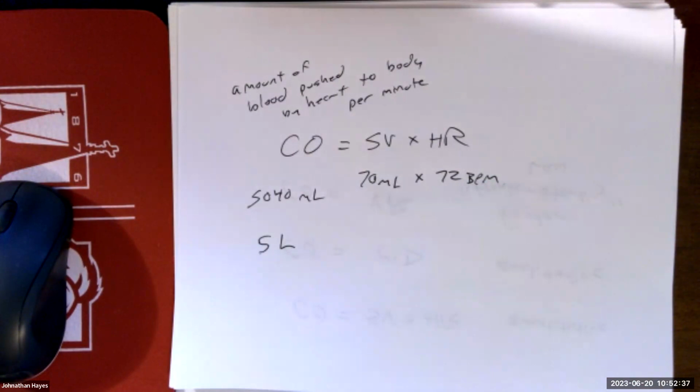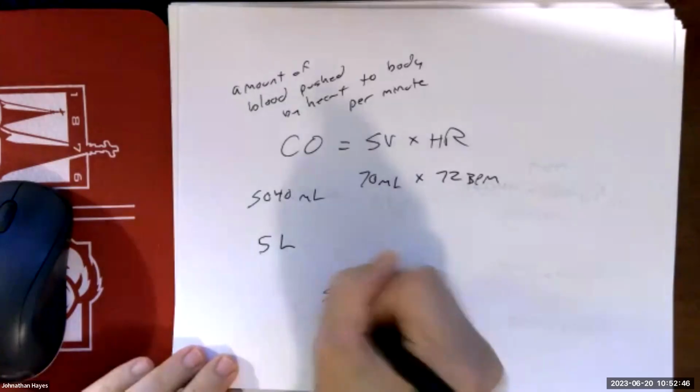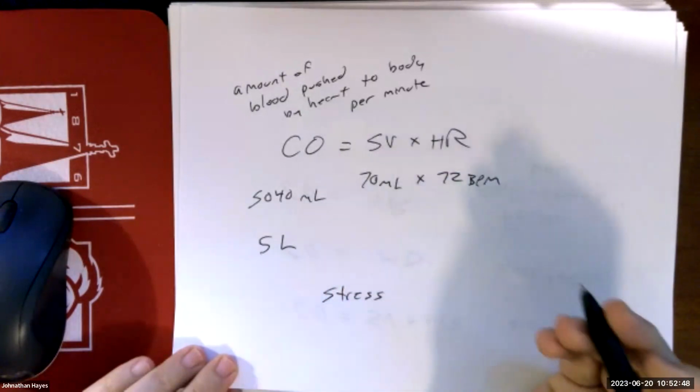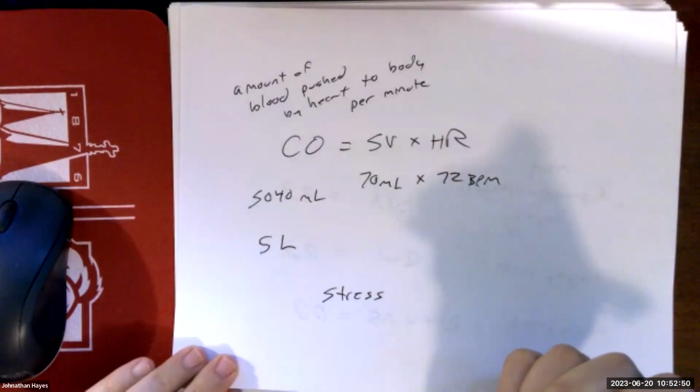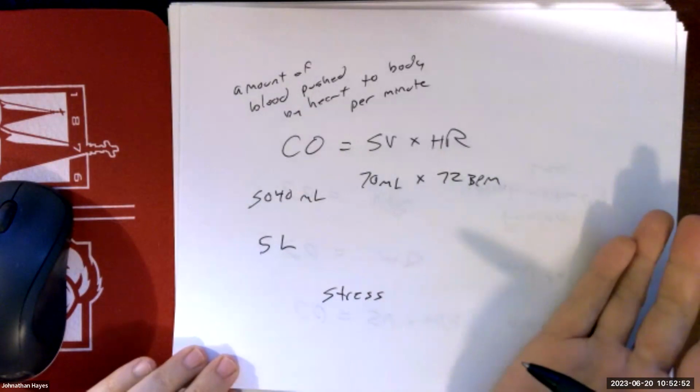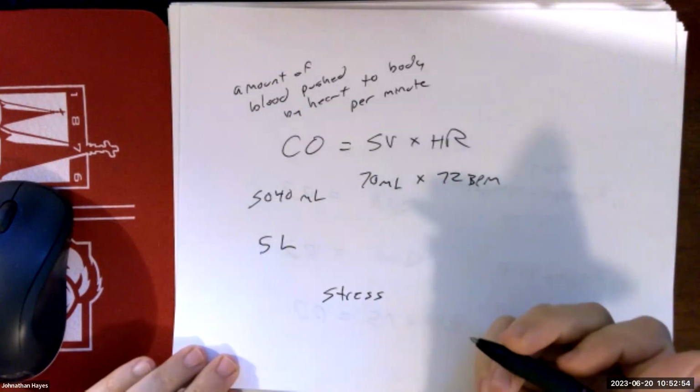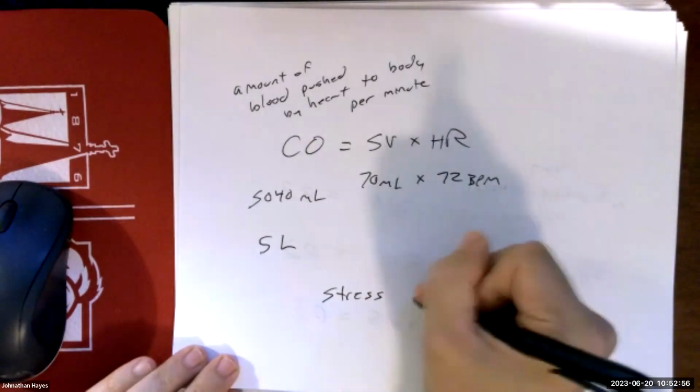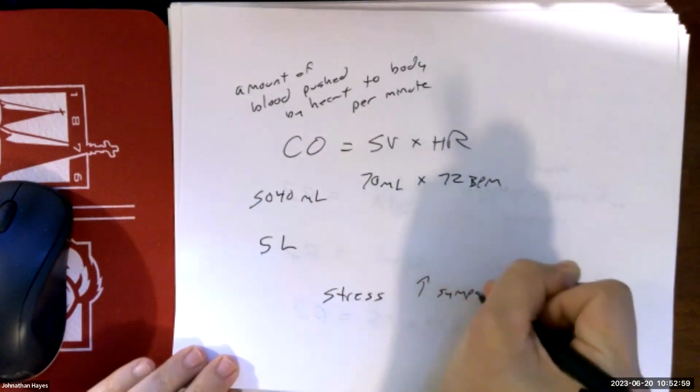Easy, right? So when you get into this number, what would happen if my body is under stress? If I'm under stress, my cells need more metabolic energy. So sympathetics is going to kick in, and stress will increase sympathetic tone in the body.